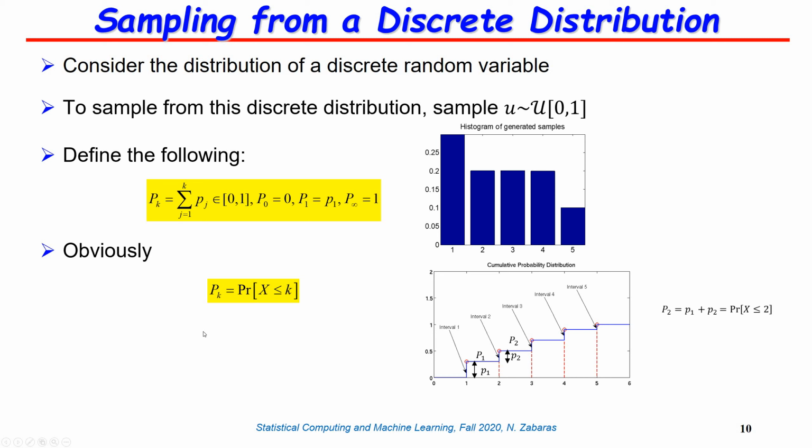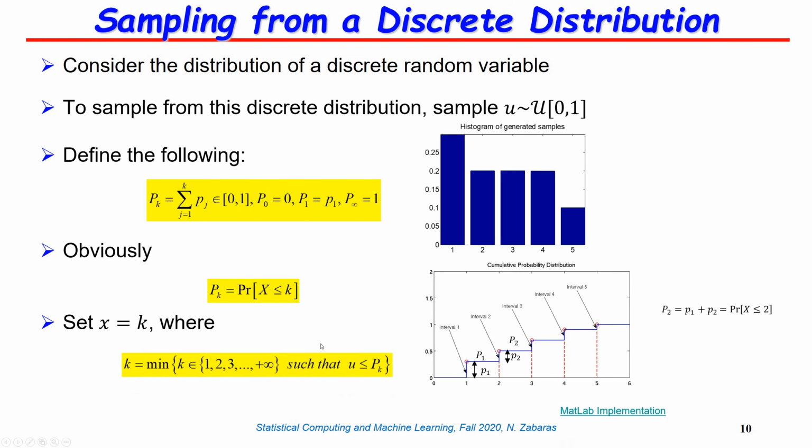Now, we remember the task is to take a sample from this discrete random variable, and I wrote the equations before. I said we're going to sample a u from 0 to 1, and we're going to define the corresponding sample from the discrete random variable to be the sample x_k, where k is the minimum of all possible k's for which u is less or equal to capital P of k.